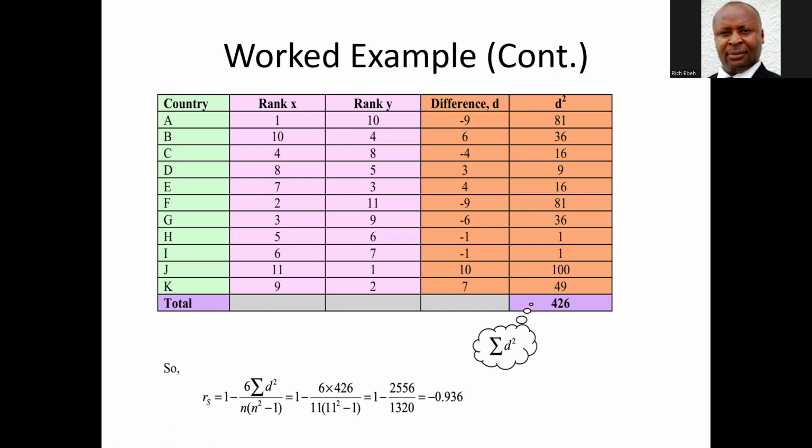The result, you simply multiply it by 11. So when you say 11 square, you are going to get 121 minus 1. You will get 120. Then multiply 120 by 11. You have 1320. So that is the outcome.